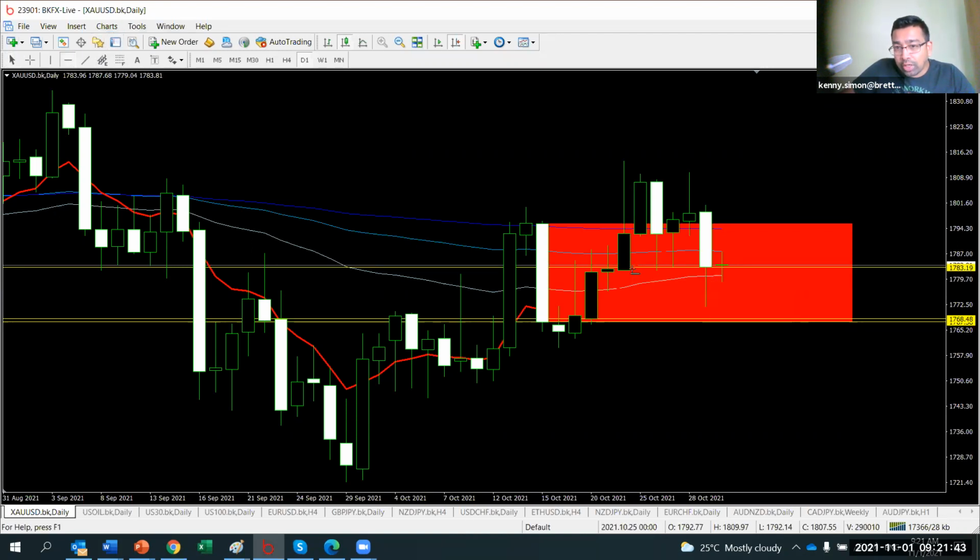Then we have the opening price of this candle right here, which encapsulates this little tabletop type pattern, if I'm not mistaken, if that's what it's called, and then it's got these yellow lines right here. So in other words, I think it would probably be better for us to expect gold to drop more after it has gone past these 2 yellow lines and then go further down and then find support here.